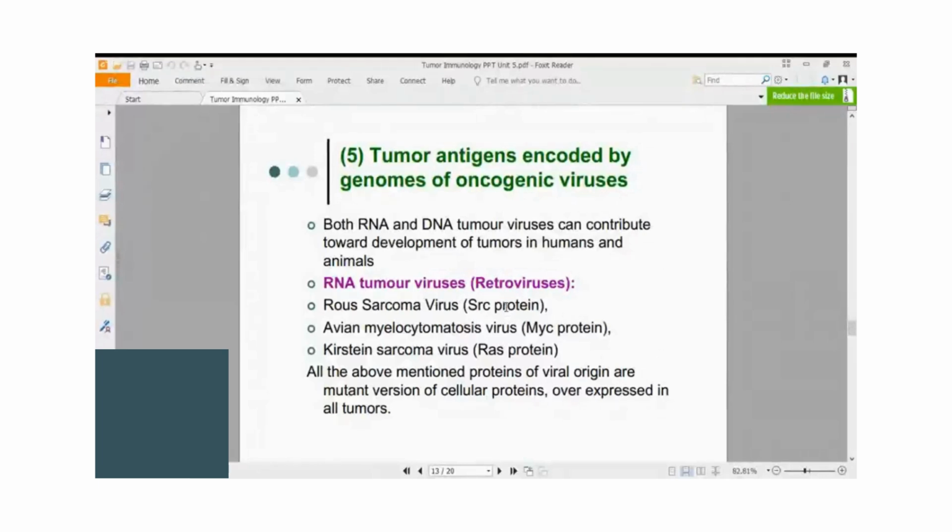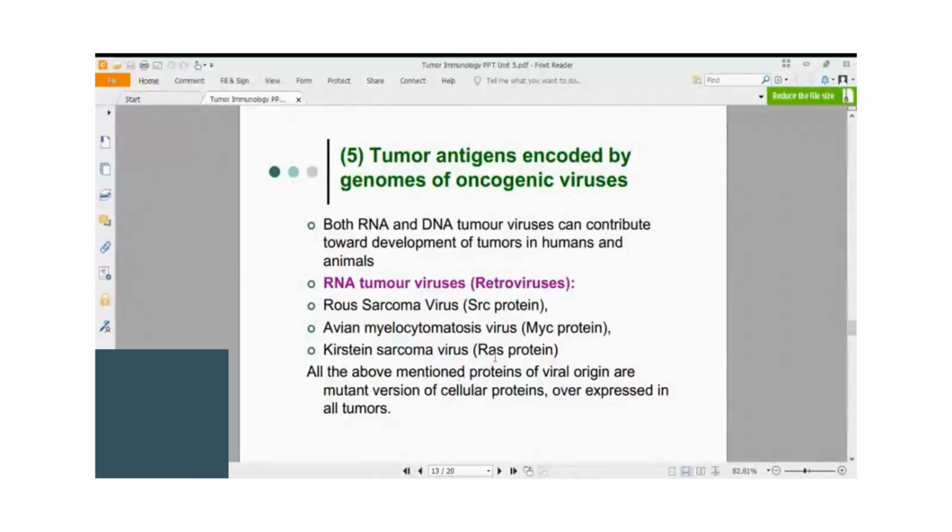And these proteins will be presented on class 1 MHC. And when they are presented on class 1 MHC, they are abnormal proteins. They are going to be recognized by the CTL and NK cells, and the immune response is mounted against the RNA tumor virus initiated cancers.